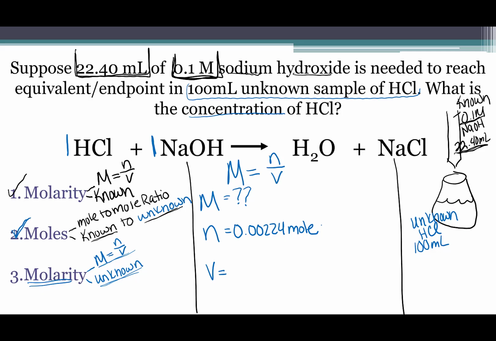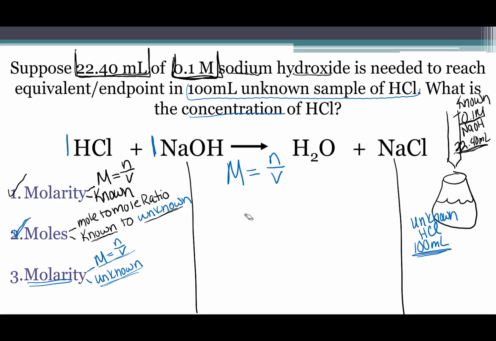We're not using milliliters. We want to make sure that we're using liters. So we started with 100 milliliters of hydrochloric acid. So putting that into liters, it's 0.1 liters. Okay. Now we have the variables. We just need to plug it into the equation and chug our way through it.